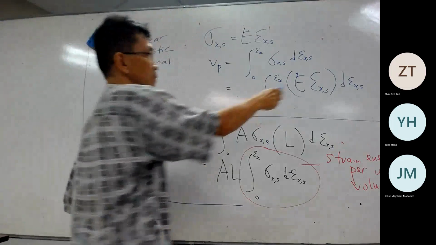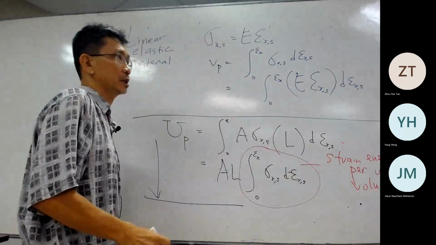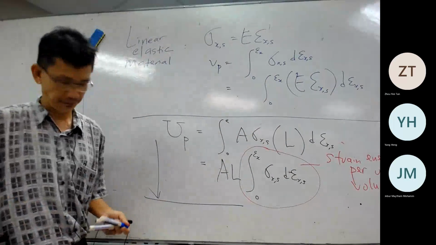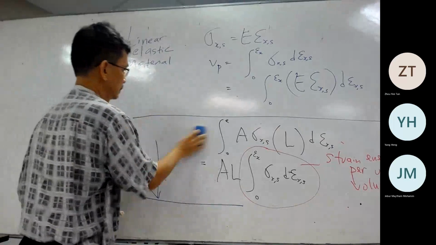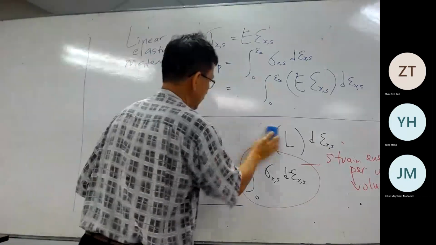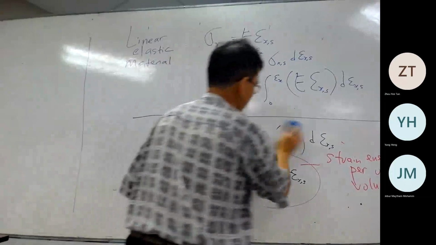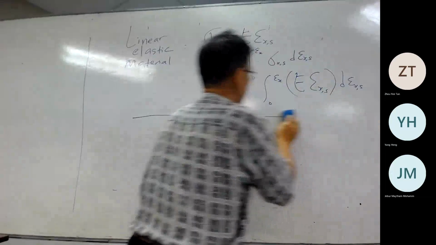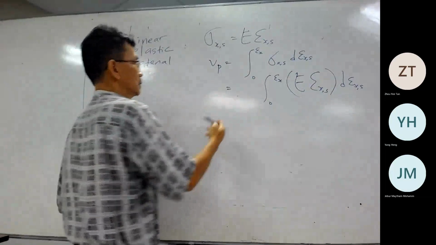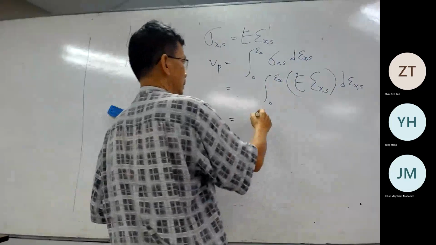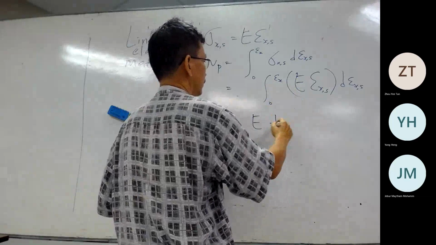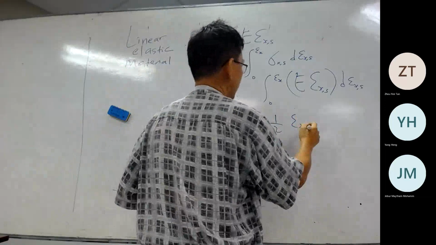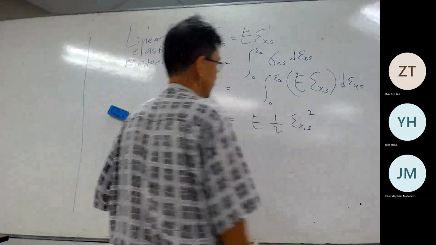If you integrate this with respect to epsilon x, the strain energy becomes E times half epsilon x squared.